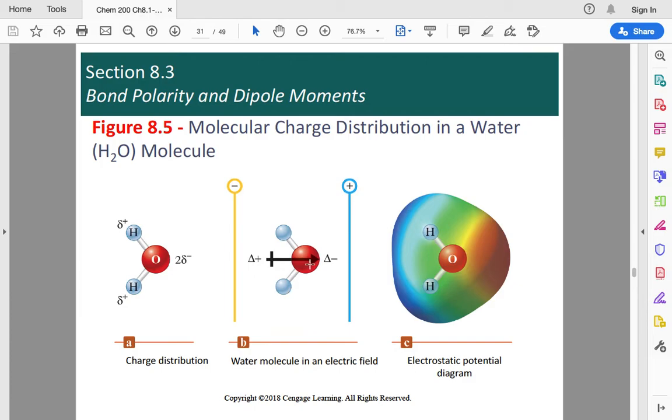You could have a slightly positive, negative arrow going this way and the head of the other arrow pointing this way, but if we combine those two arrows, it would be like taking a knife and cutting straight down here. These would be my slightly positive side, and this would be my slightly negative side. That's what's being represented in this drawing here, in our electrostatic diagram. Again, you will not be drawing these. I just want you to be comfortable with both of these. You will have to draw polarity arrows, and you will have to draw the slightly positives and slightly negatives.